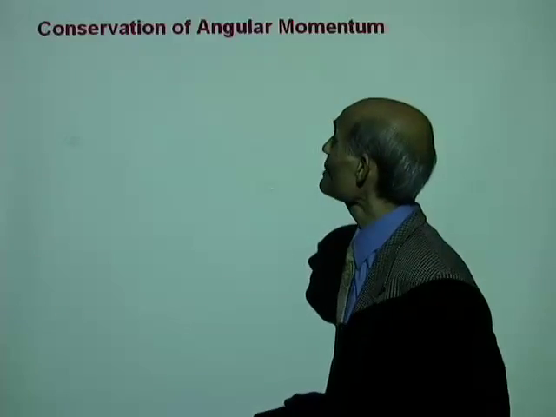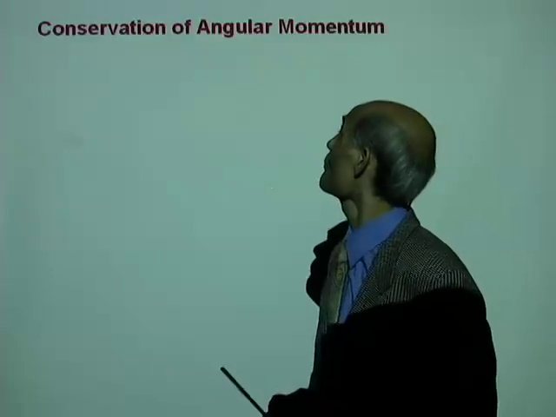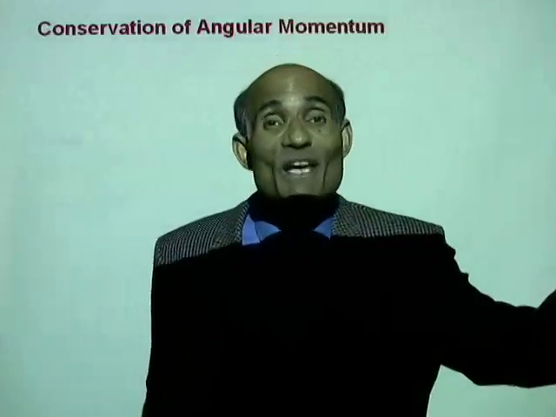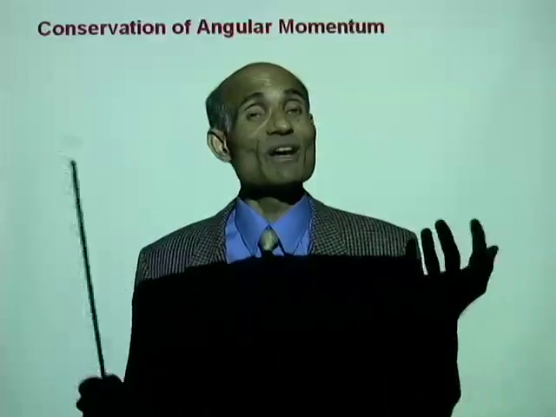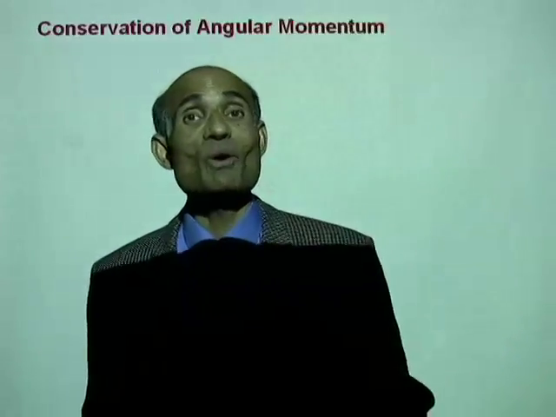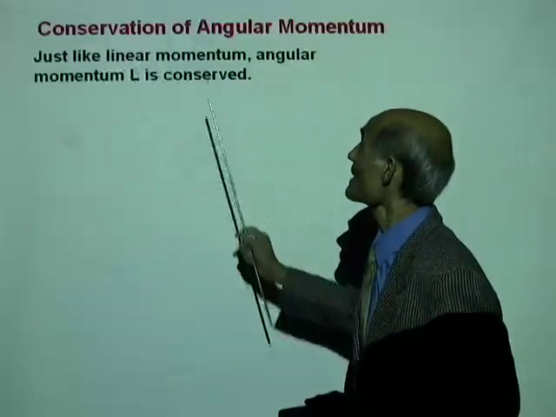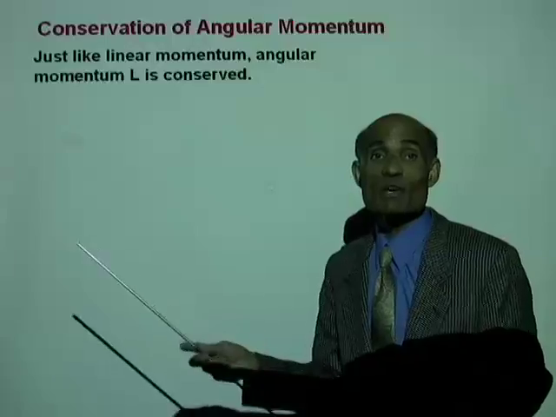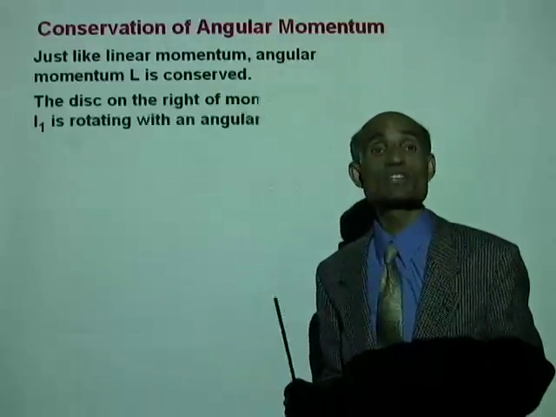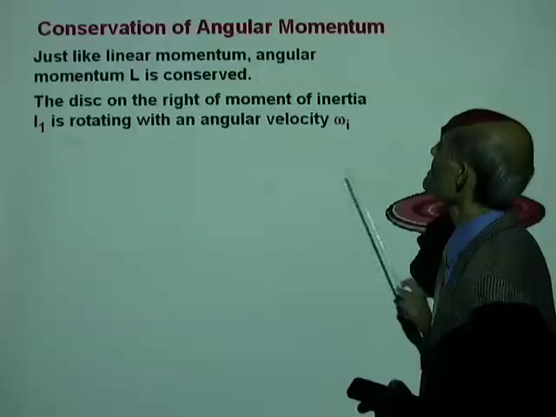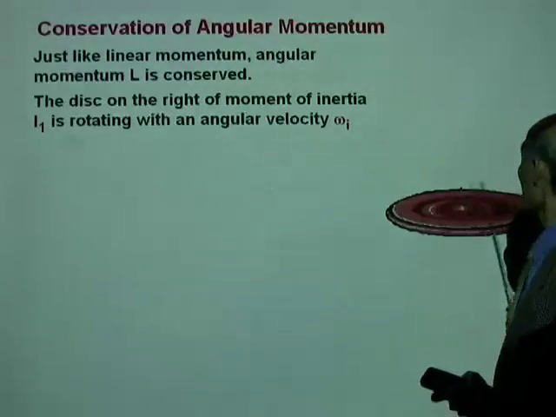Let's now talk about conservation of angular momentum. Well, if linear momentum is conserved, angular momentum also should be conserved. Now, just like linear momentum, angular momentum L is conserved. Now, let's consider a disk like this.